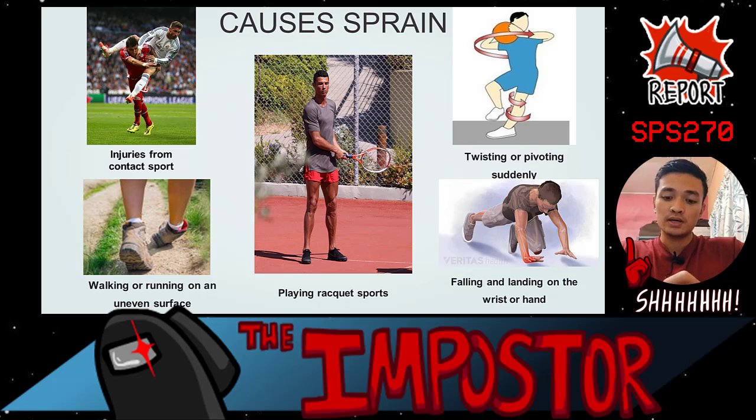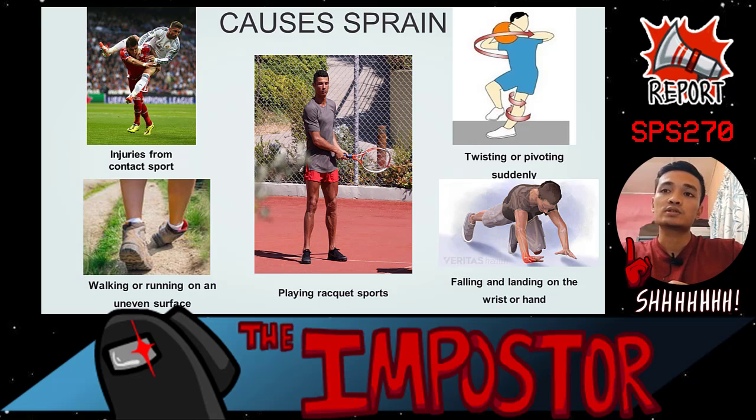Next, we are going to talk about what causes a sprain. As you know, a sprain is an injury to the tissue that connects ligament and joint. The first cause of sprain is injuries from contact sports such as football, rugby and wrestling that require you to contact an opponent. Next is walking or running on an uneven surface, which can cause imbalance.